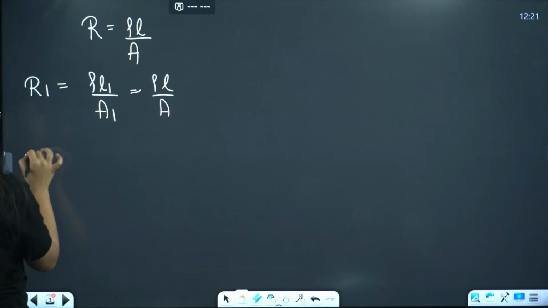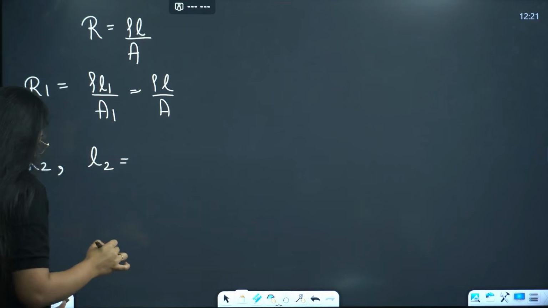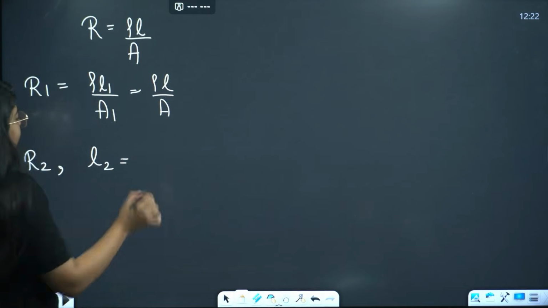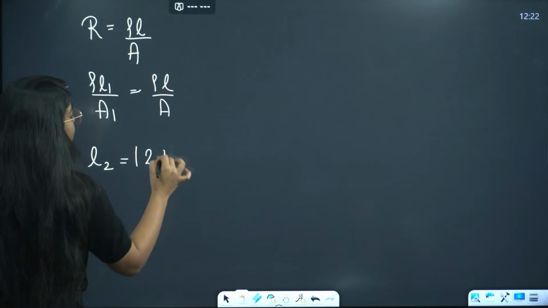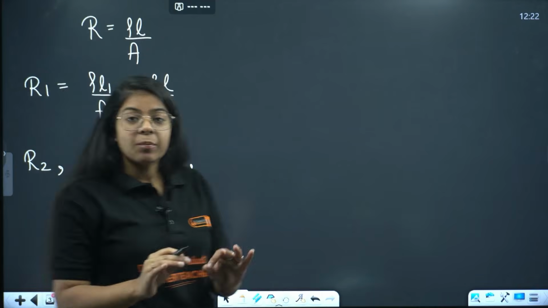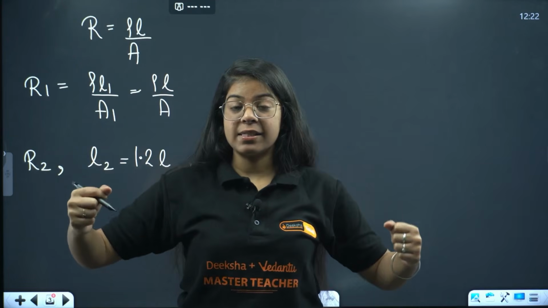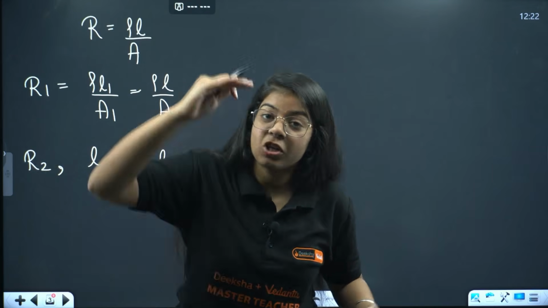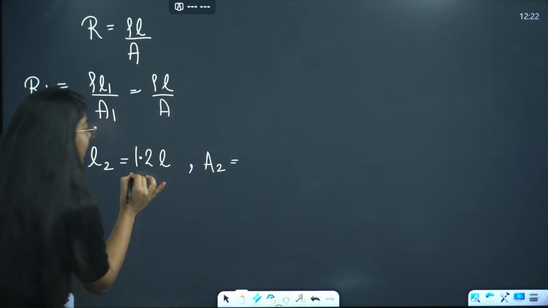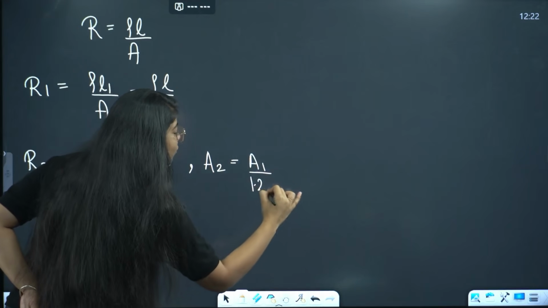For R2, L2 comes out to be 1.2 L, and since we know it is stretching, very important my kids, when it is stretched, length increases, but we know area of cross section decreases. So A2 is decreased by the same factor.